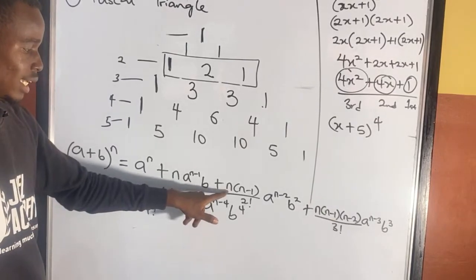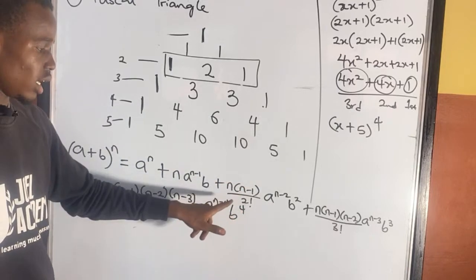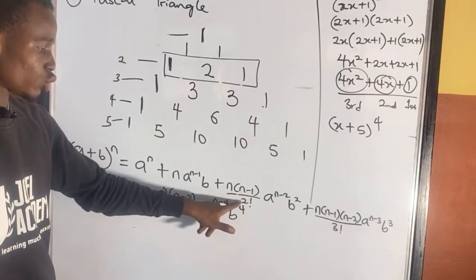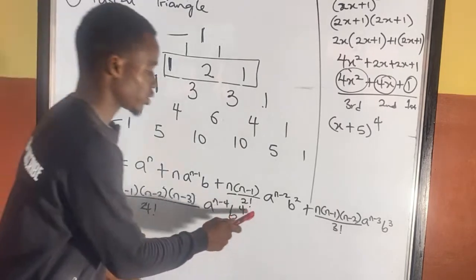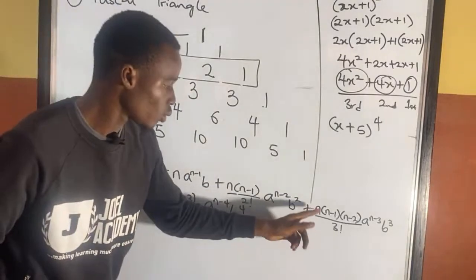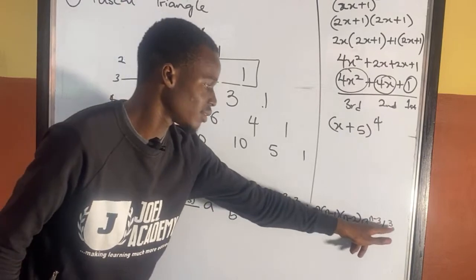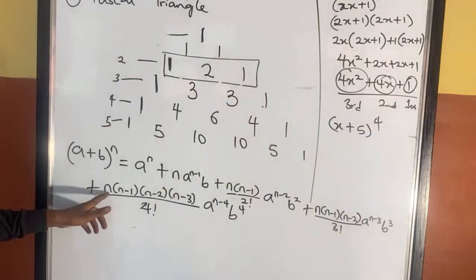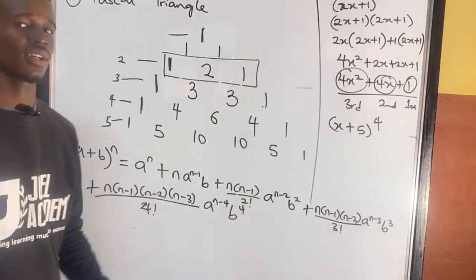After n is what? N minus 1. There are 2, right? You're having 2 factorial. Then you're having 2 here. You're having 1, 2, 3, 3 factorial. You're having 3 here. You're having 1, 2, 3, 4. You're having 4 here. Has it not finished?